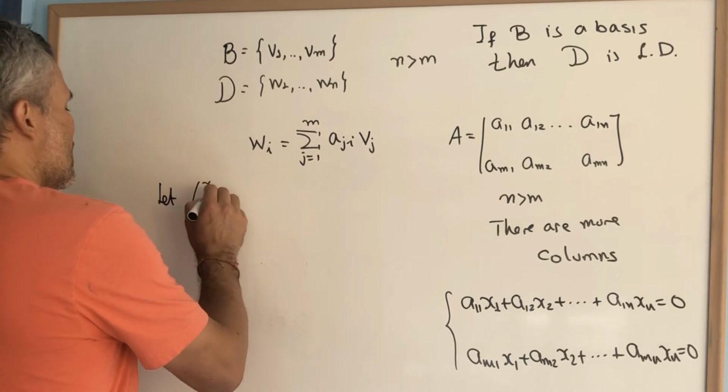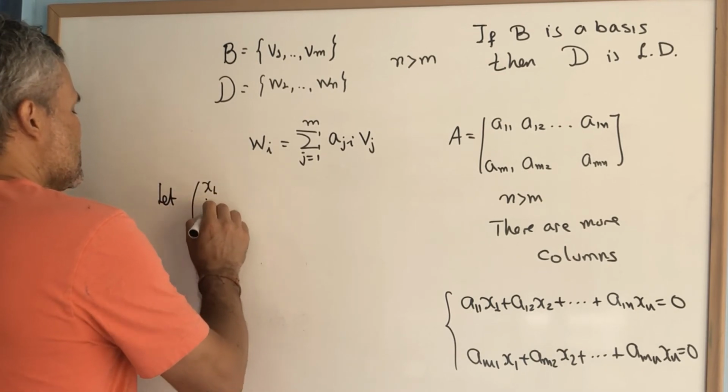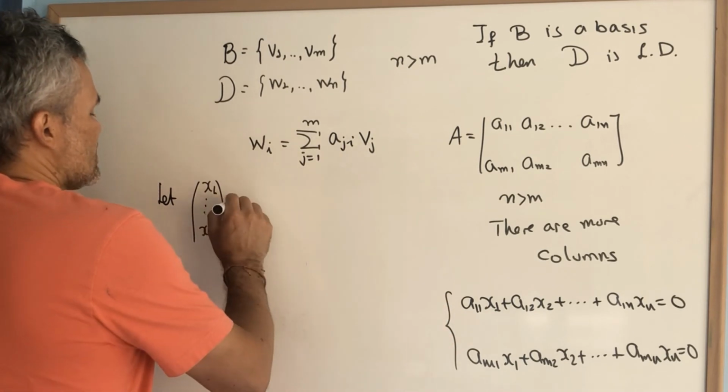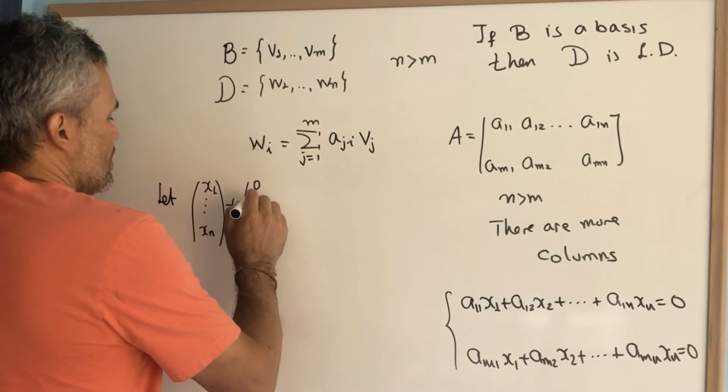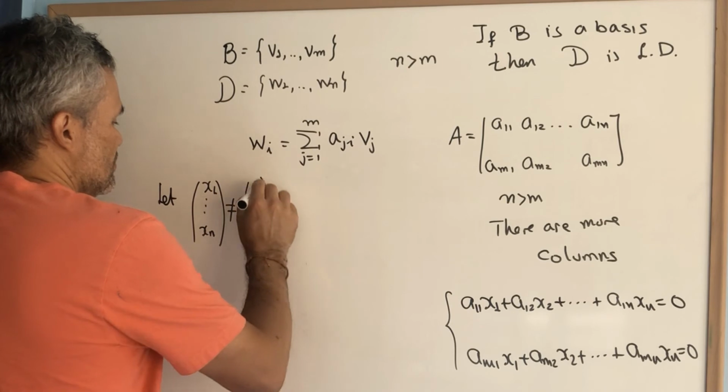Then let x1 to xn be a solution of that system that is different from the vector 0, 0, 0, 0.